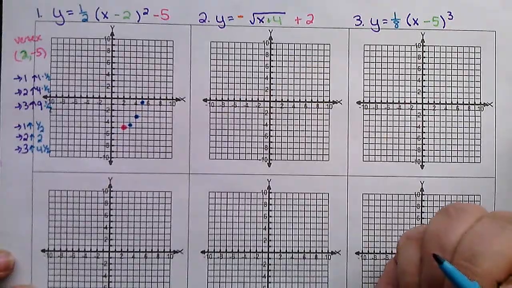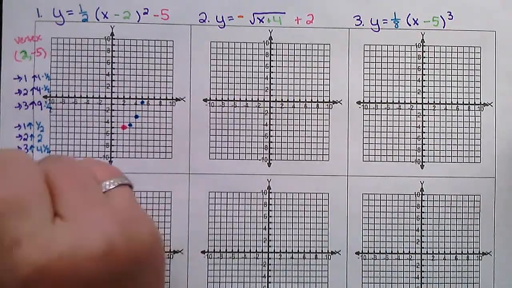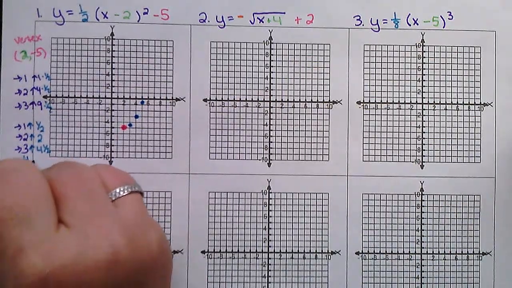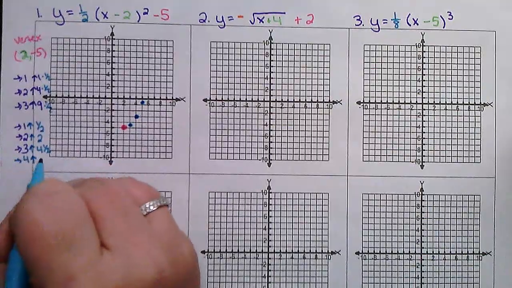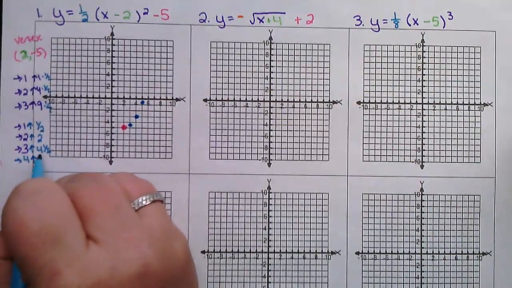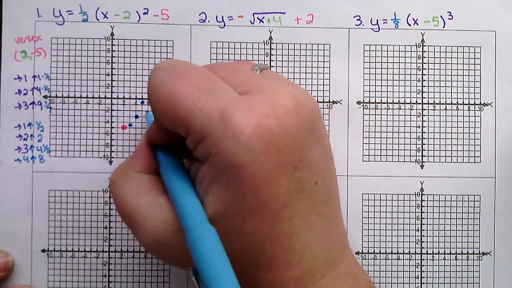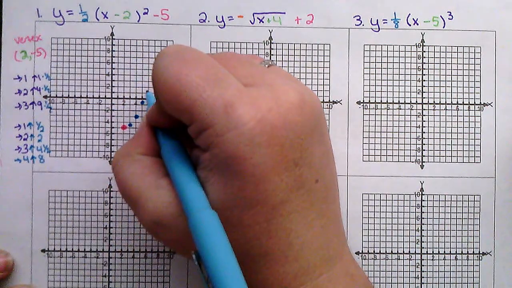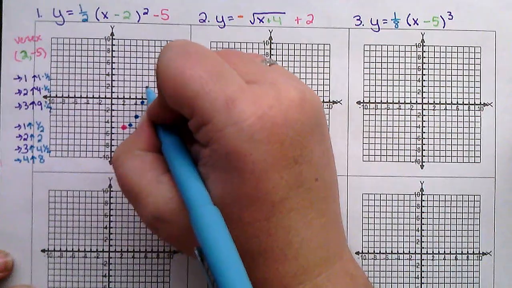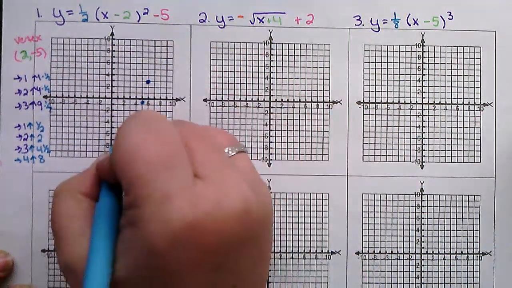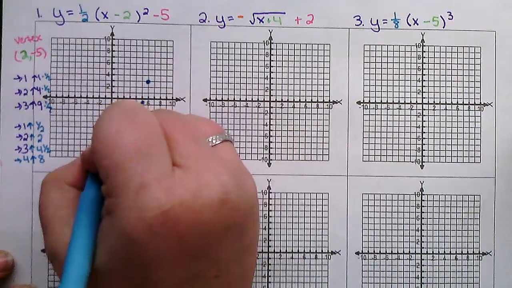And then if I wanted to go a little extra, I could go right 4. Normally it would go up 16. 16 times 1/2 is 8. Okay, just to be a little more accurate, you do not have to put that one on if you do not want to.